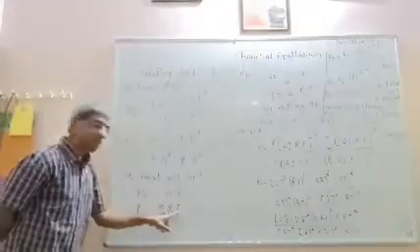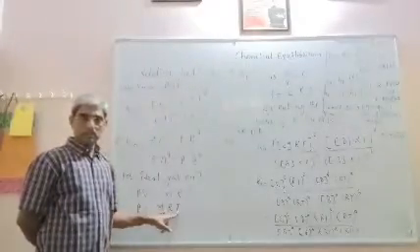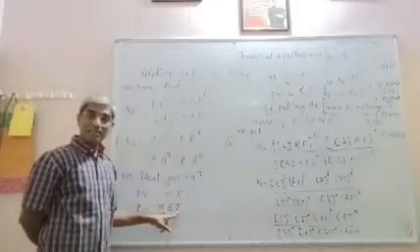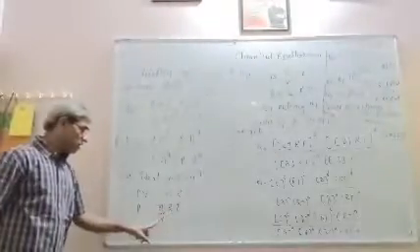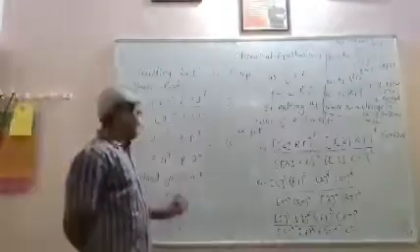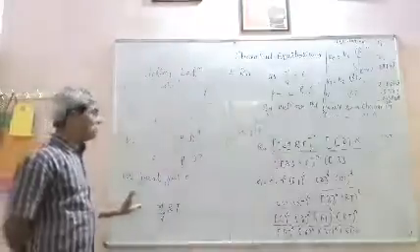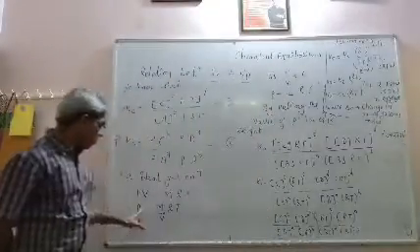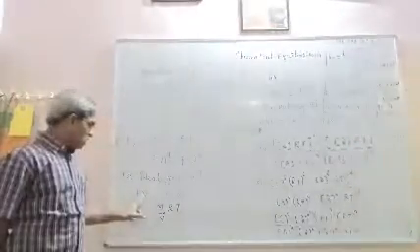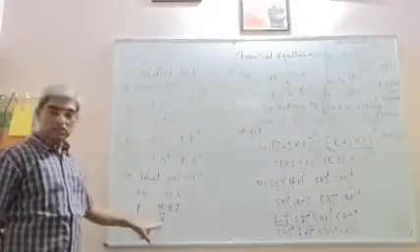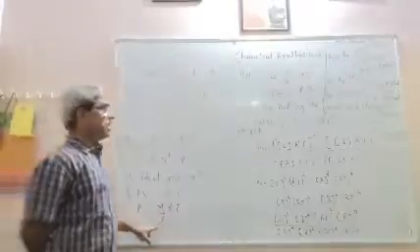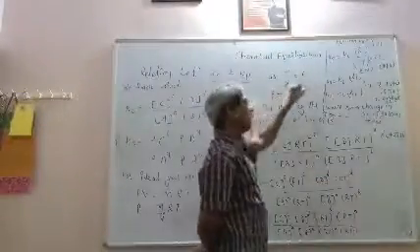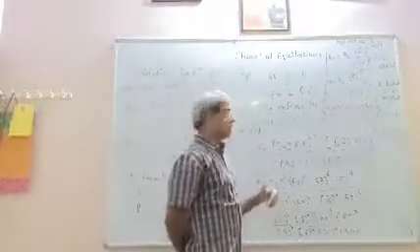And T absolute temperature, that is small t degree Celsius plus 273, and V is a volume. Then rearrange this equation. P equal to n by V. Transfer this V towards right hand side, it becomes the denominator n by V. And as n by V is nothing but molar concentration, that is active mass.